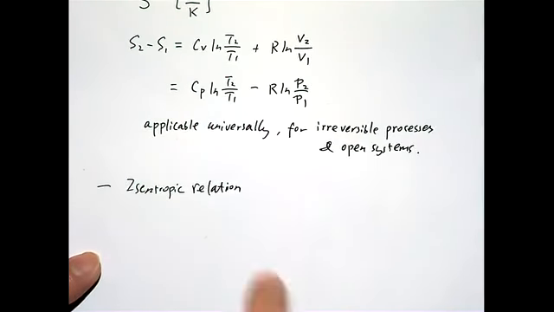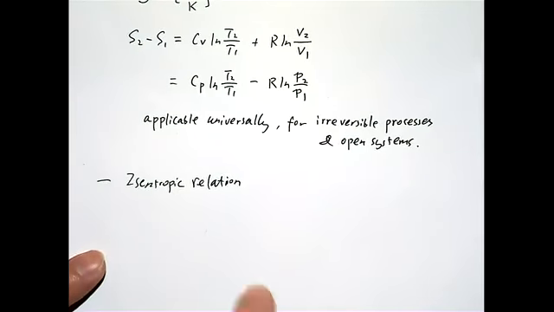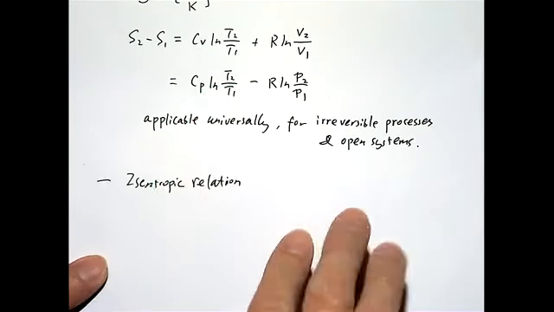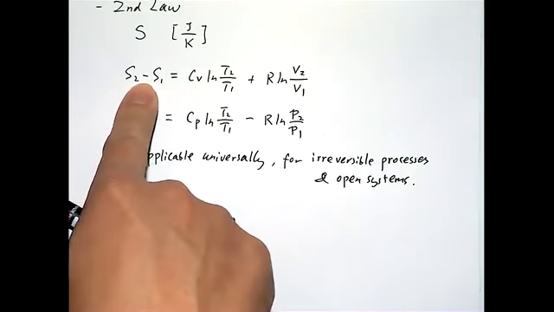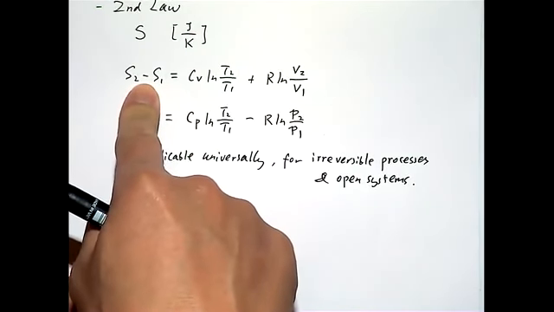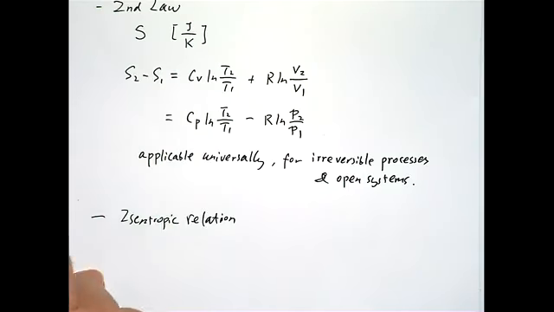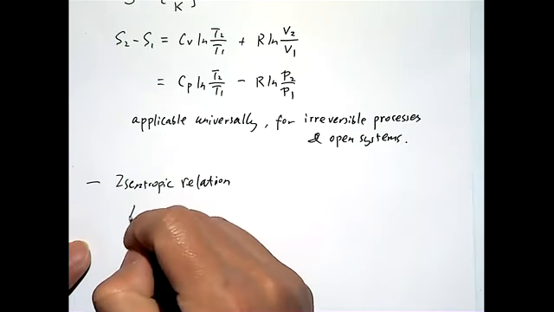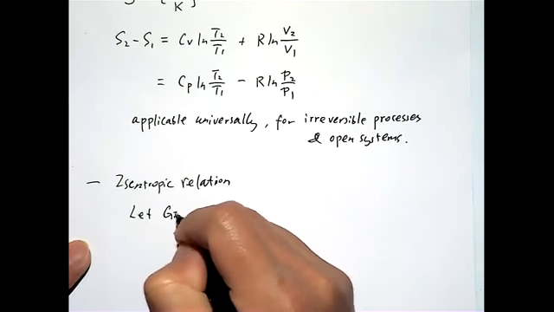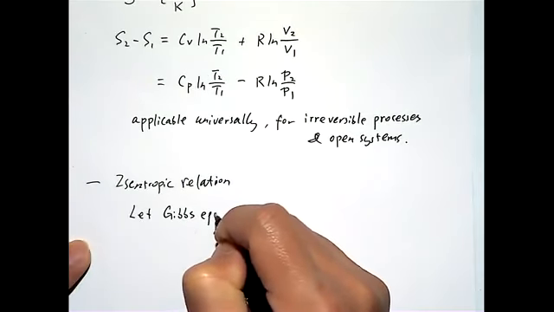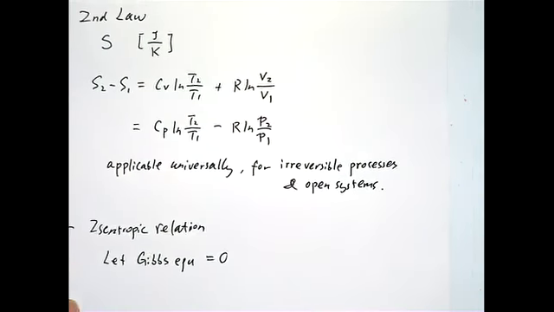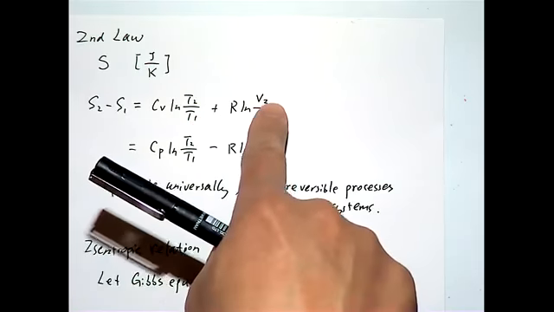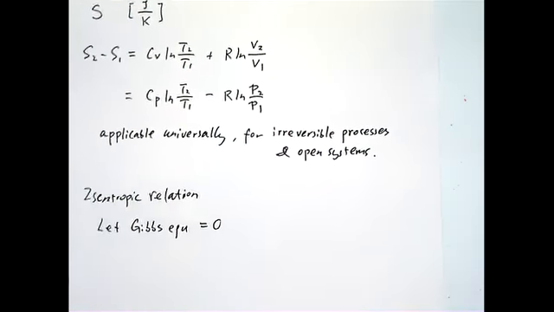To derive this equation, which is pretty straightforward given we already have the Gibbs equation, we let the left-hand side be 0, and then we can derive the temperature-pressure variation along an isentropic process. So we just let the Gibbs equation equal 0, then we can find the relation of temperature and pressure.